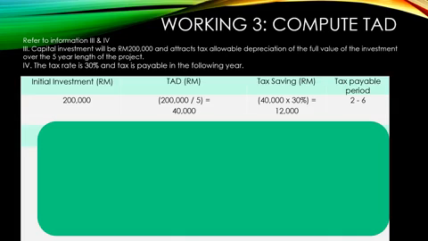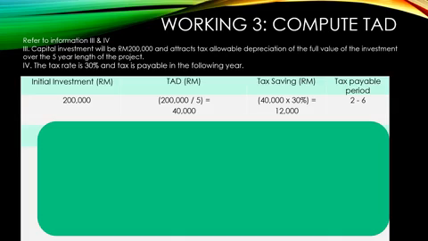The formula will be cost minus the expected residual value, and you divide by the expected years of life. Therefore, the tax allowable depreciation will be 200,000 divided by 5, you will get 40,000 ringgit. As for the tax saving, the amount will be 40,000 ringgit, you multiply with 30%, you will get 12,000 ringgit. The tax payable period will be from year 2 until year 6.